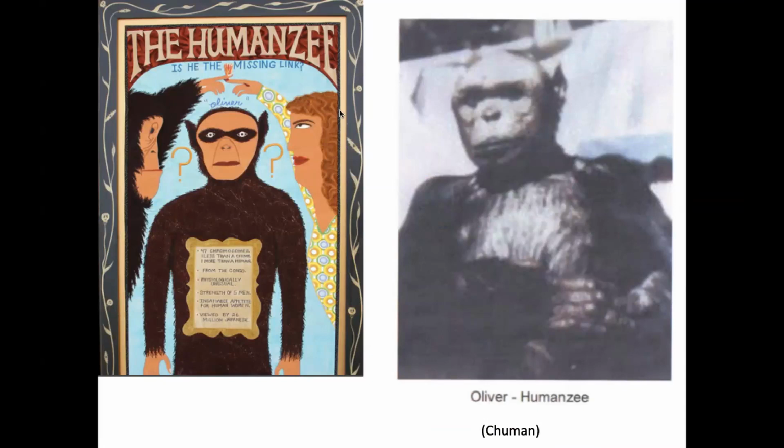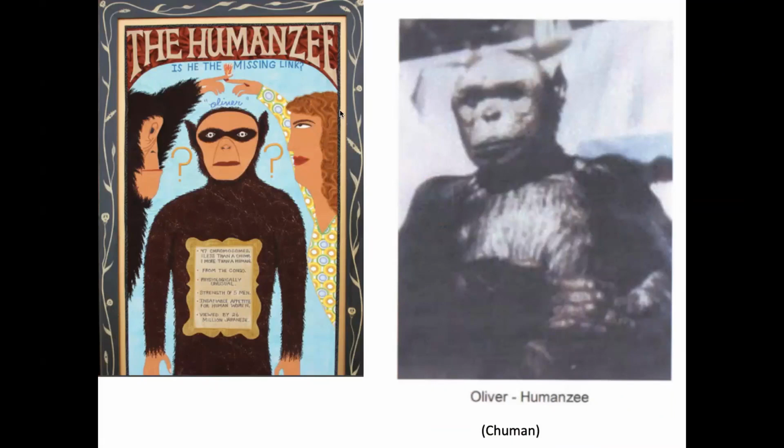So this is Oliver. Oliver was a purported hybrid, a humanzee, a hybrid between a human and a chimpanzee. And he was displayed as a circus act on television for many years, making lots of money for the owner.